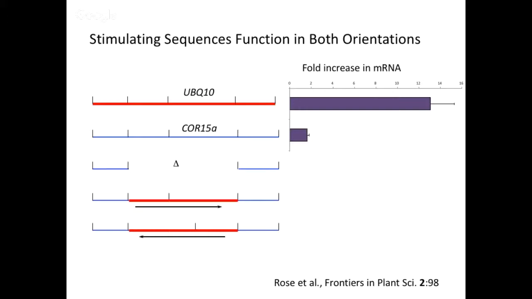In these hybrids, I kept the ends of the introns from this cold regulated gene in their normal orientation to allow for intron splicing, and cloned in between those ends the middle portion of the ubiquitin intron in either orientation. I found that both of these introns stimulated expression equally well, despite the fact that the RNA produced by these two is very different. It's the reverse complement of each other. So this is much easier to explain with a DNA-based model of intron action than an RNA-based one.